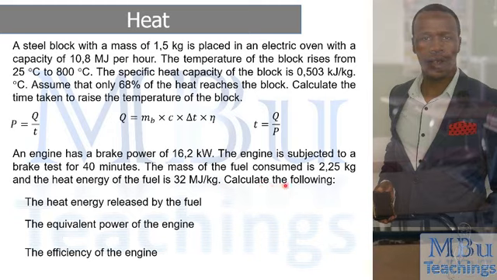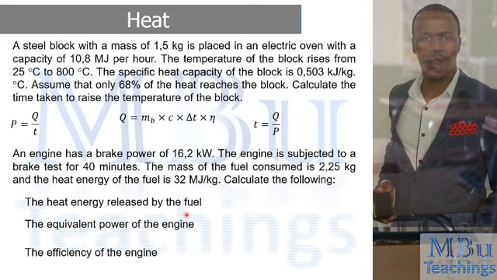Now we are asked to calculate, number one, the heat energy released by the fuel. Number two, the equivalent power of this engine. And number three, the efficiency of the engine.